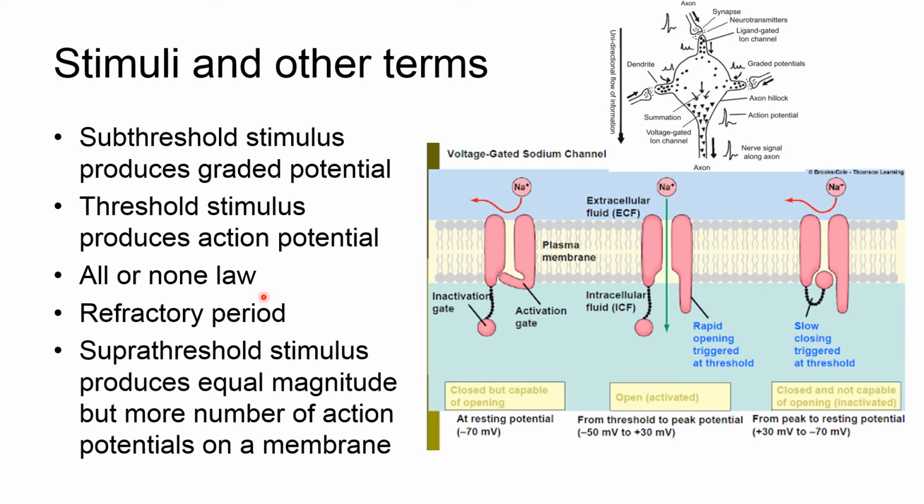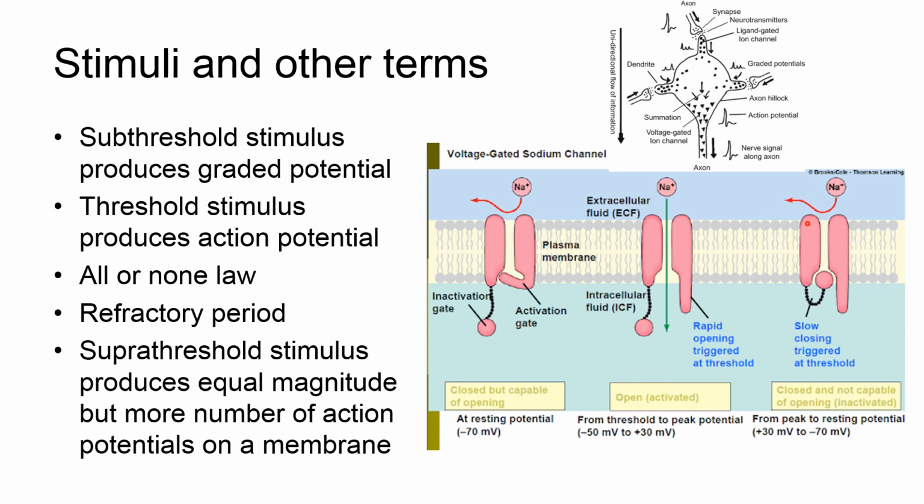The refractory period is divided into two types: the absolute refractory period and the relative refractory period. During the absolute refractory period, the membrane is at highly positive charge, that is, it has just depolarized, so it is up to, for example, plus 30 millivolt. So if a suprathreshold level of stimulus occurs again, it cannot even open the sodium voltage channel.